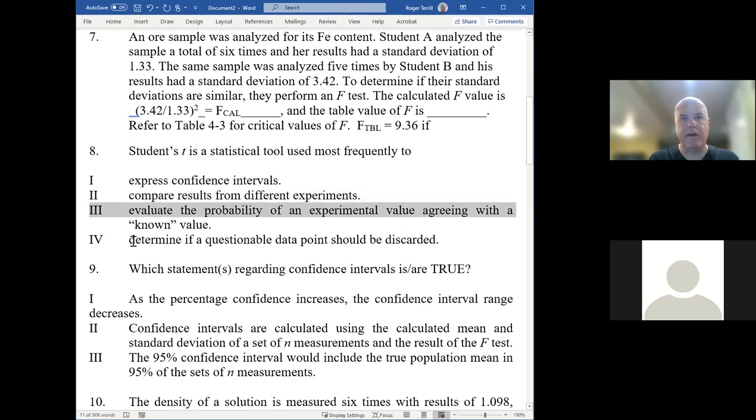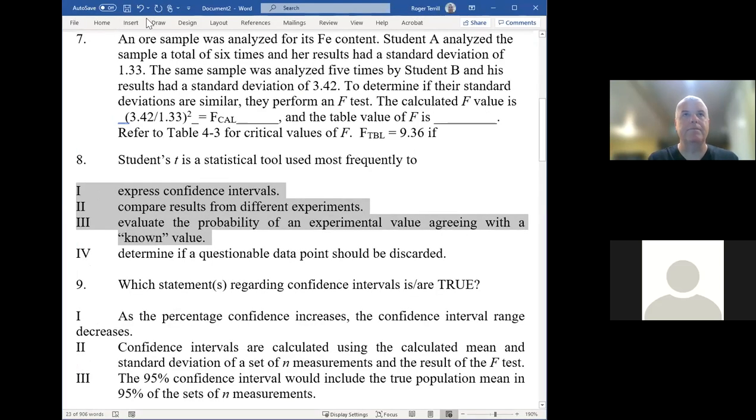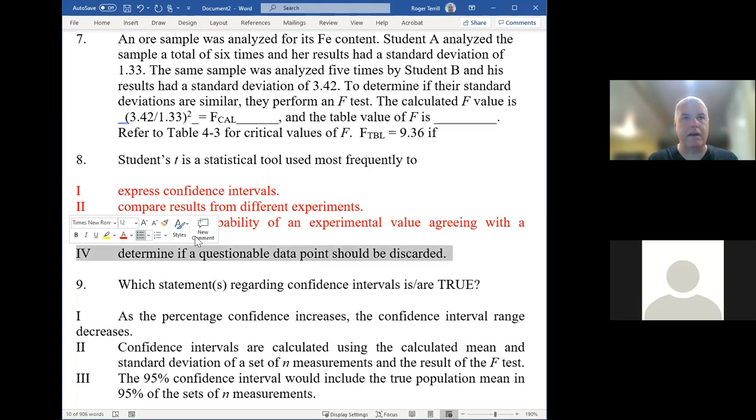Determine if a questionable data point should be discarded. This is not true. So the answers here are these. I've just got to highlight them somehow here. There we go.